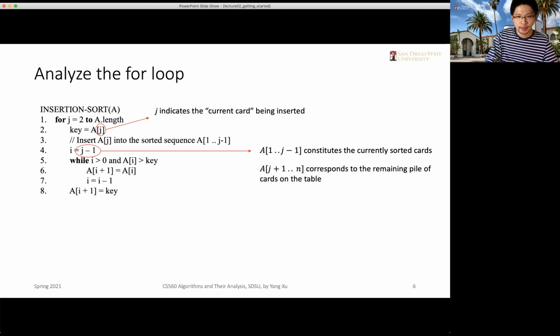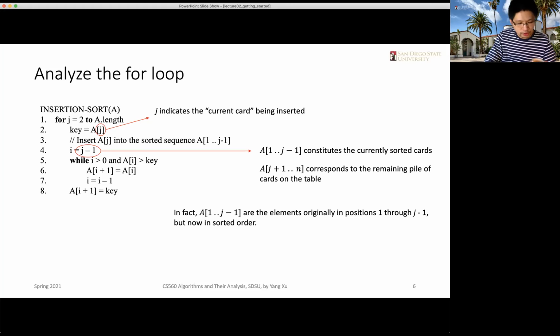Then the remaining parts from A[j+1] to A[n] are the remaining pile on the table, and their order is unsorted. Each time we just take the top one of it as our A[j] and try to insert it among the already sorted cards.